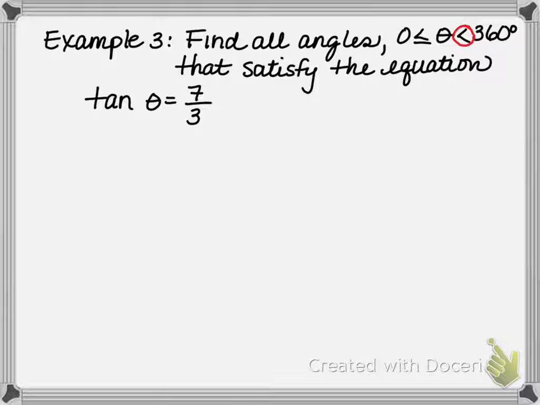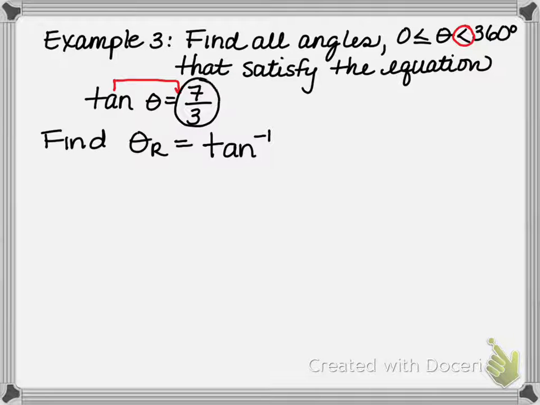So as usual, in order to find all angles, the first thing you're going to do is find your reference angle, theta r. Theta r means take the inverse of your trig function, and the inverse of this trig function is tan inverse, and then the quantity. Make sure your quantity is positive, and in this case it is. So theta r equals tan inverse of 7/3.